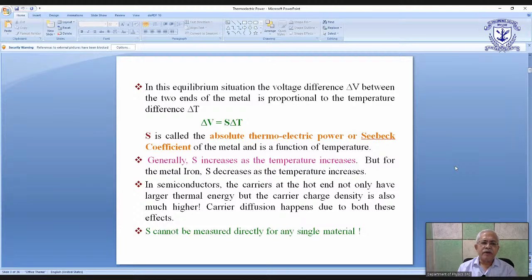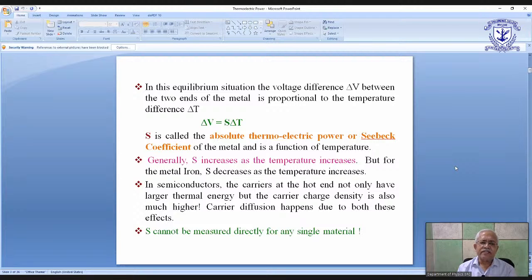This point which I have written here, generally S increases as temperature increases. Please ignore it because it is seen in metals, but not over the entire temperature range. And in some metals, it decreases with temperature. So I will make this point more clear a little later. Okay, so don't take this very seriously.